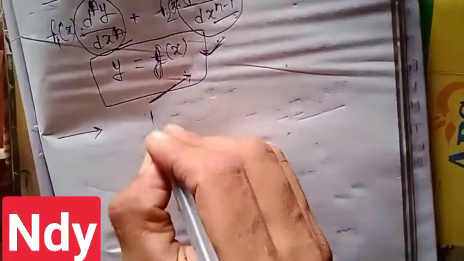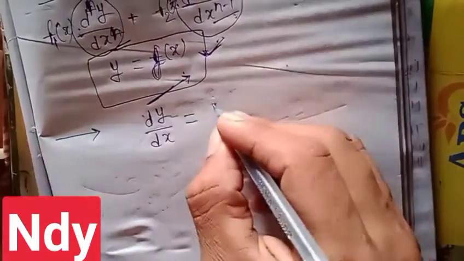So just for simplicity, take dy by dx is equal to x.